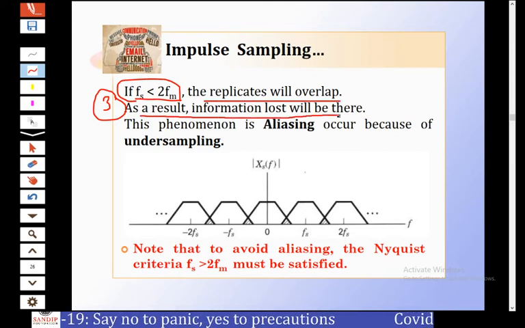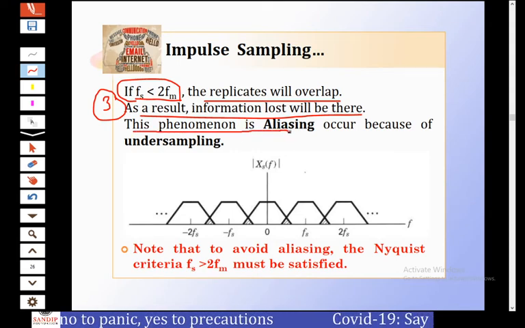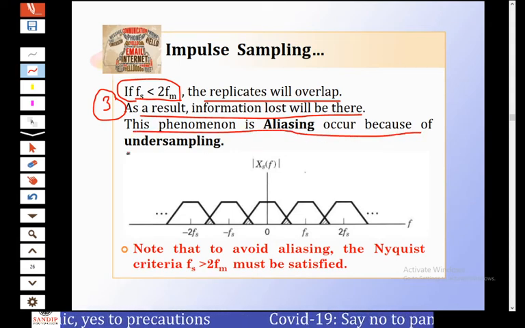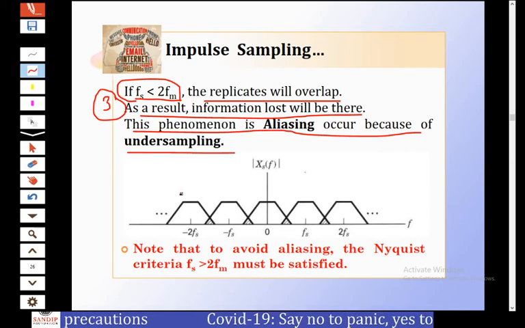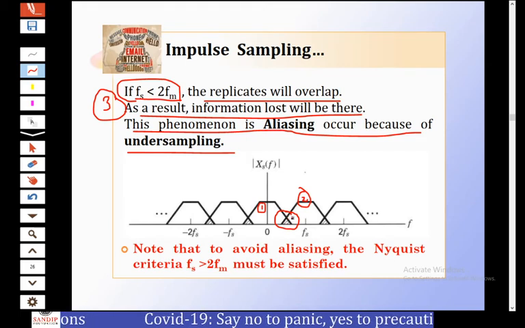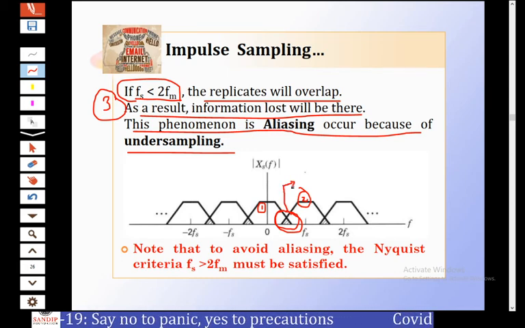As a result, information loss will occur. This phenomenon is known as aliasing, caused by undersampling. When the sampling frequency is less than twice fm, it does not follow the sampling or Nyquist criteria, and the two signals, this is the first one and this is the second one, overlap like this. This overlap is known as aliasing, or the aliasing effect, or we can say it is a fold-over error, caused by undersampling.